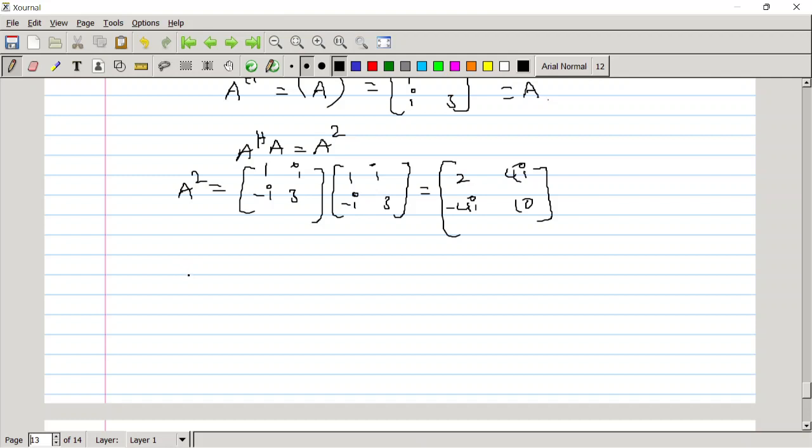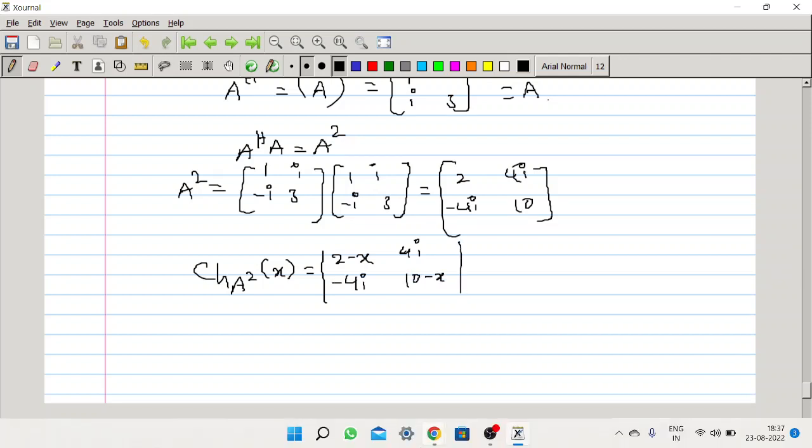So to calculate the eigenvalue of this, firstly we will calculate the characteristic polynomial of A square, P of x. So this is nothing but the determinant of [2 minus x, 4i; -4i, 10 minus x].